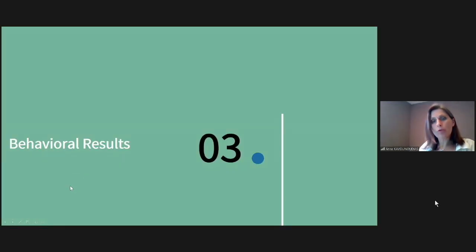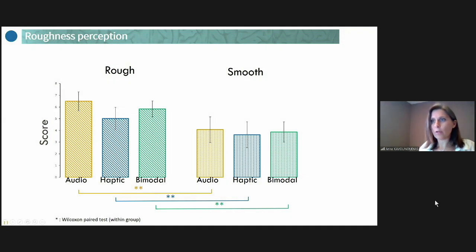So speaking about the behavioral results, here you have the score reported by the participants, and you can see that they correctly classify the rough stimuli as rougher than the smooth stimuli. And in the congruent bimodal condition, you can see that the scores were intermediate compared to the two unimodal scores, meaning that in the bimodal condition, the two sensory information may have been integrated.